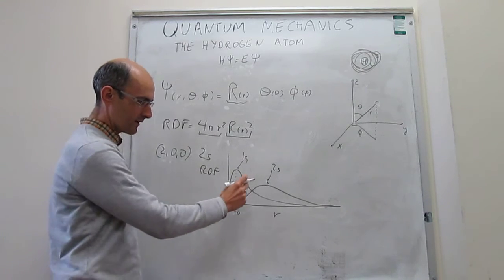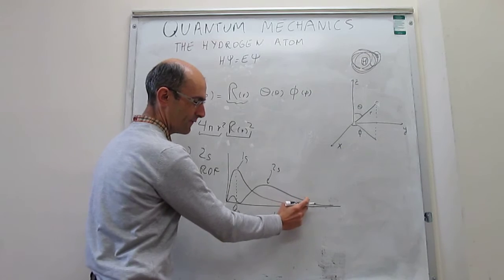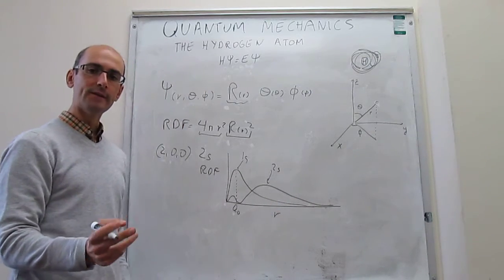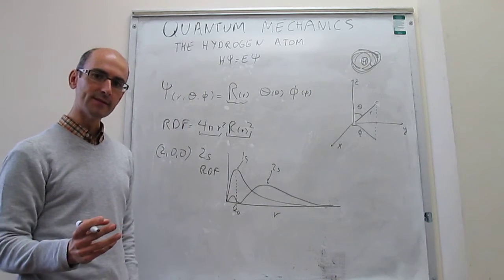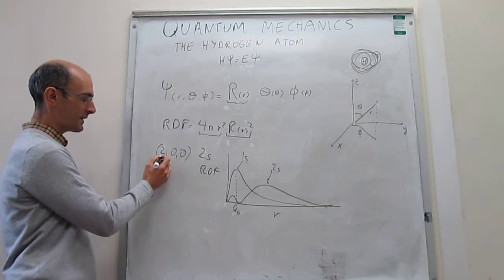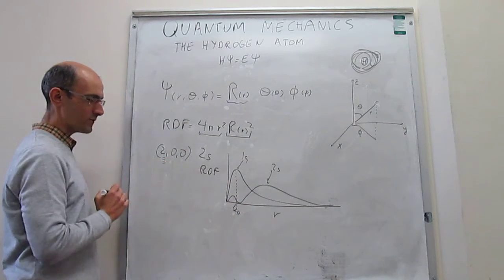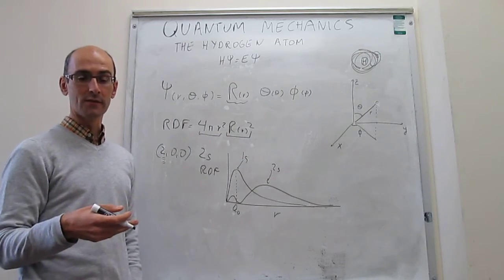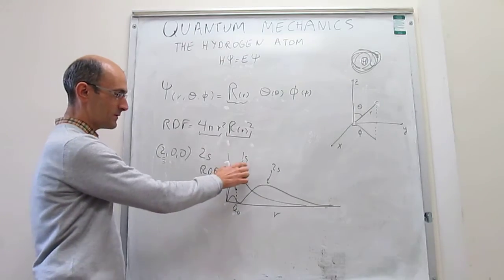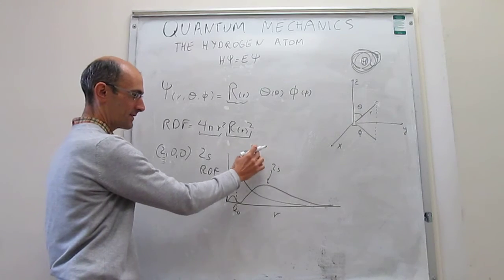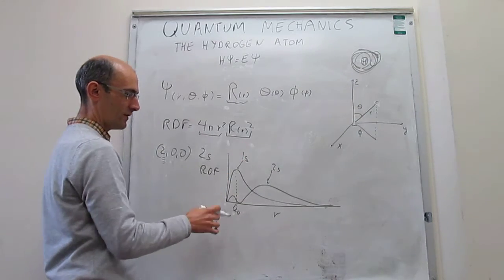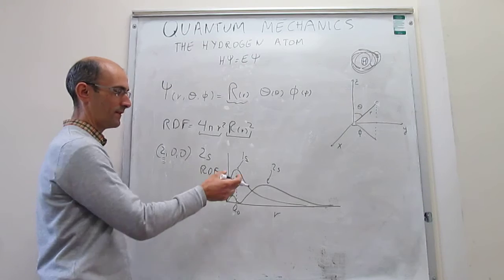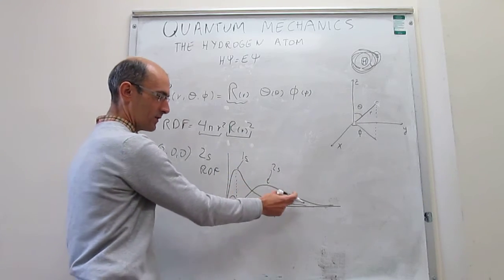For one, you can clearly see that the 2s extends further away from the nucleus than the 1s. This is important, because we said before that the principal quantum number determines the size of the wave function, the size of the orbital. The main difference between the 1s and the 2s wave function is the principal quantum number, and we see that is the case.